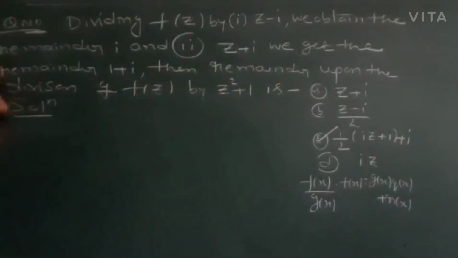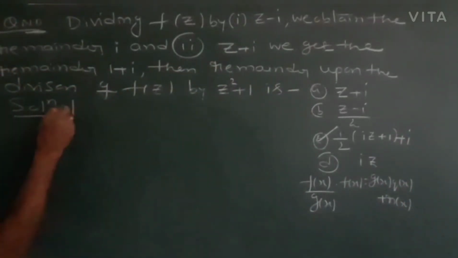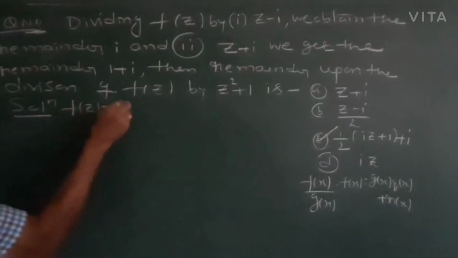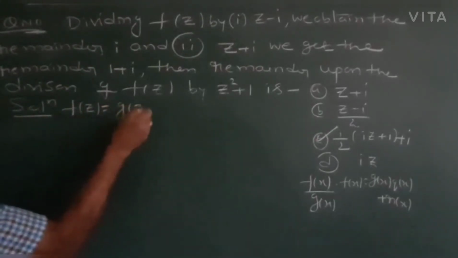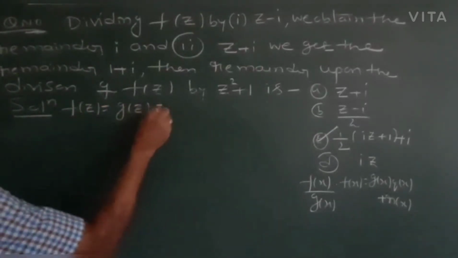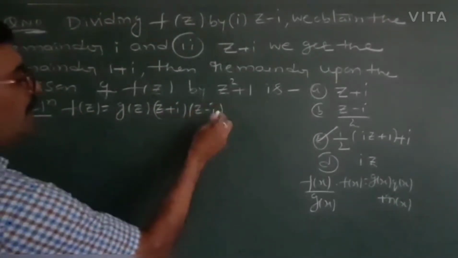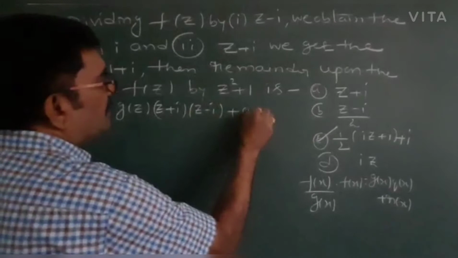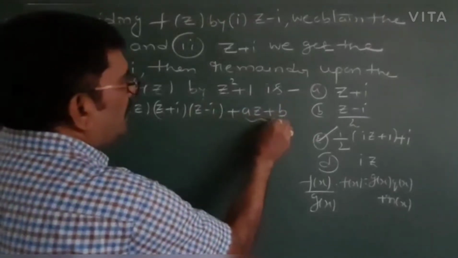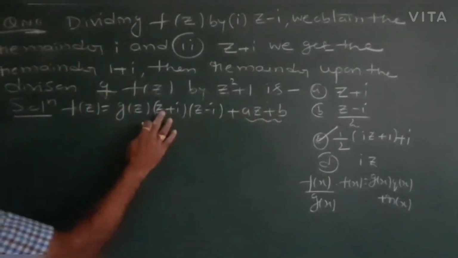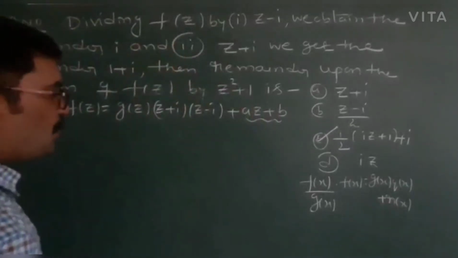By using this division algorithm, we write f of z is equal to g of z into the quotient, that is z plus i into z minus i, plus az plus b, which is the remainder. The quotient is z square plus 1.